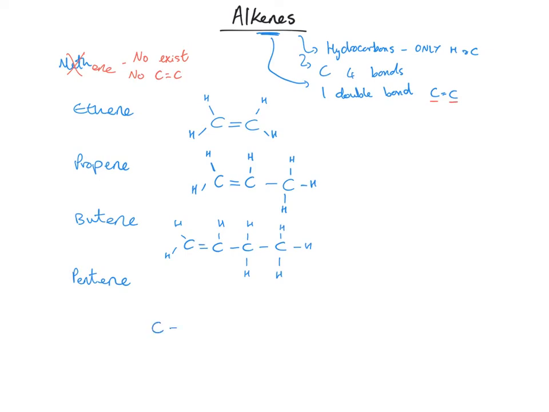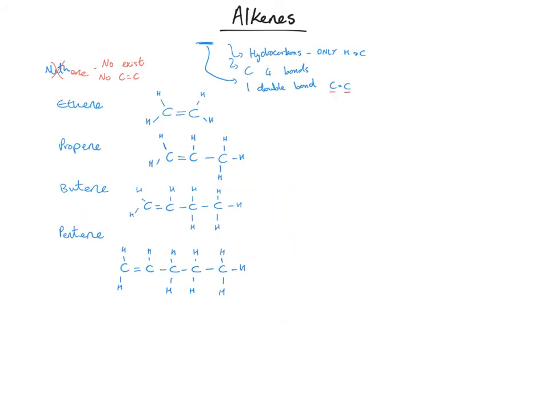Well, 1, 2, 3, 4, 5. Let's draw the hydrogens on. Run through and check. Has this carbon got 4 bonds? Yep. 1, 2, 3, 4. Yep. This one, 4, 4, 4. Happy with that. Now what we're going to do, we're going to look at the symbols for these.